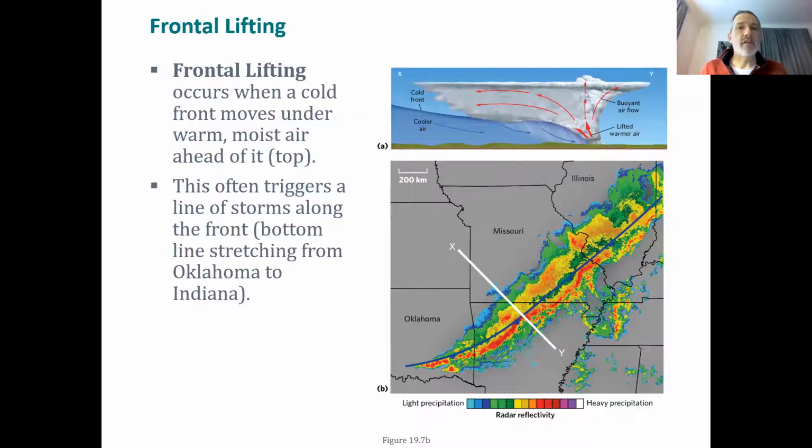When we start looking at frontal lifting, again, this is when a cold front is advancing. It's going to push that warm air up. And if that air gets pushed up very quickly, what's going to happen is it's going to give off water and heat. Remember that when water is condensing out, it's getting rid of that latent heat.